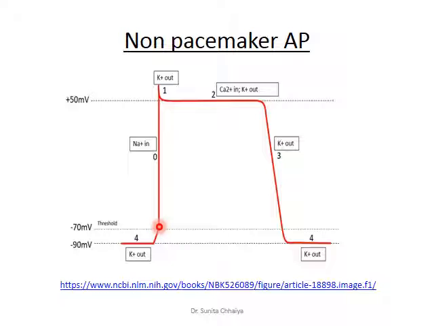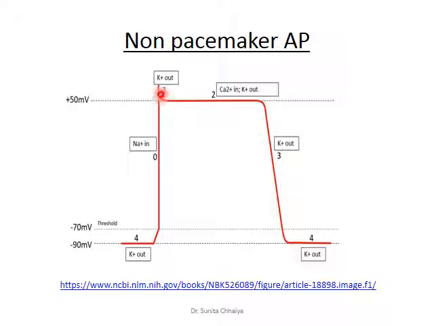Phase 0 is known as rapid depolarization, and that is basically because of opening of the fast sodium channel. Once it reaches around plus 50 millivolt, there is inactivation of the sodium channel and opening of the potassium channel, and that phase is known as phase 1, a rapid repolarization.